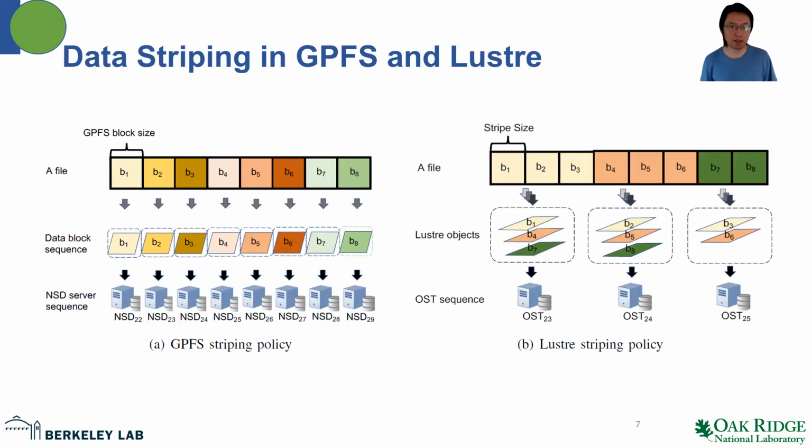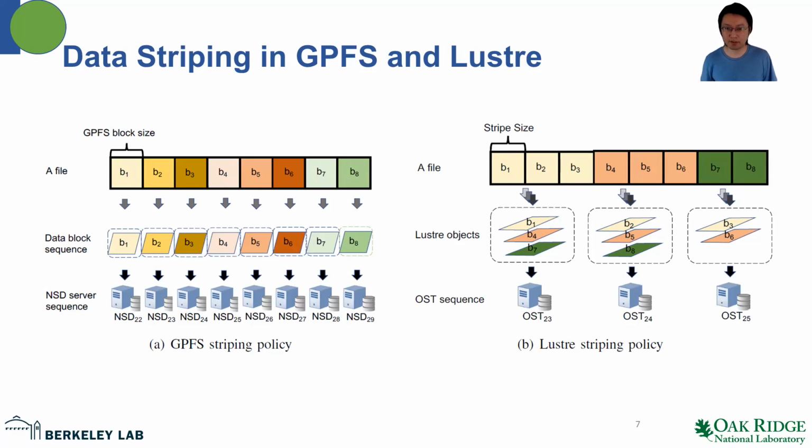Next, we see how a file is distributed across the storage devices. Different parallel file systems have different policies. For example, on the left, we have the GPFS striping policy, where GPFS defines its block size as a fixed size, and it then separates the file into a number of blocks and distributes those blocks into the storage devices in a round-robin fashion.